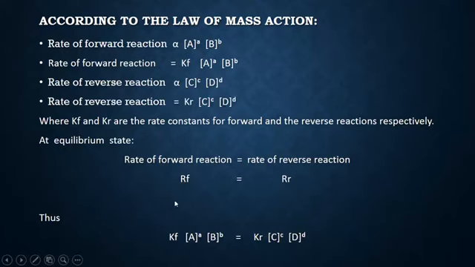Thus, by putting the values of RF and RR, we get Kf times reactants A and B is equal to Kr times products C and D.